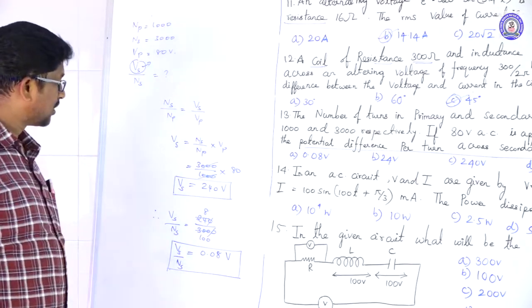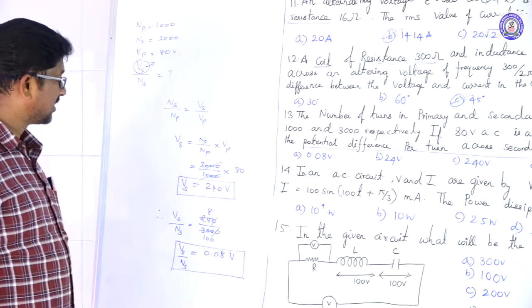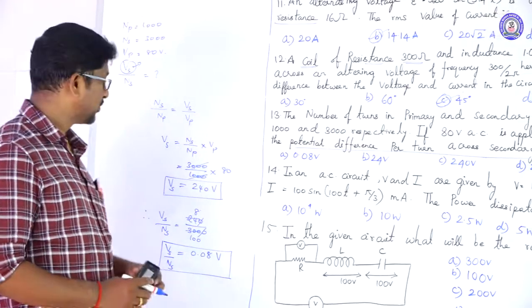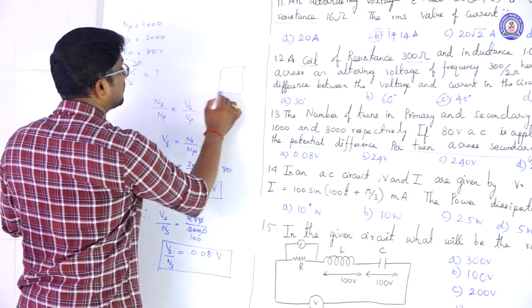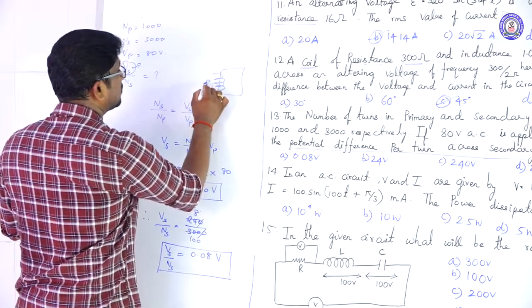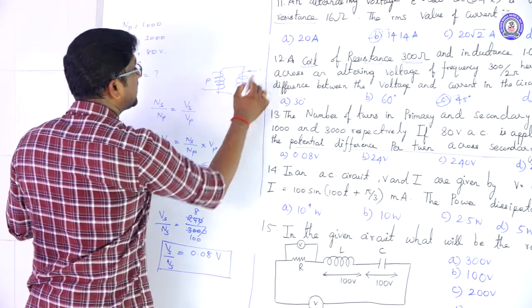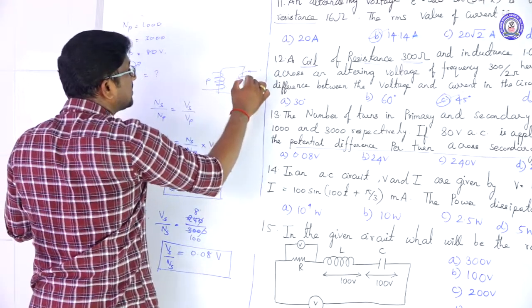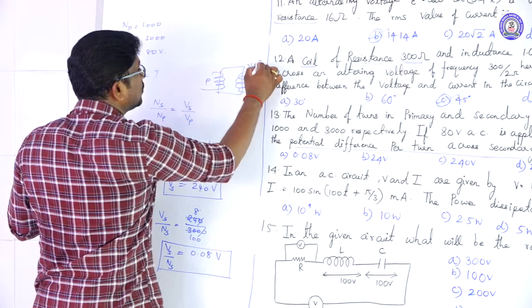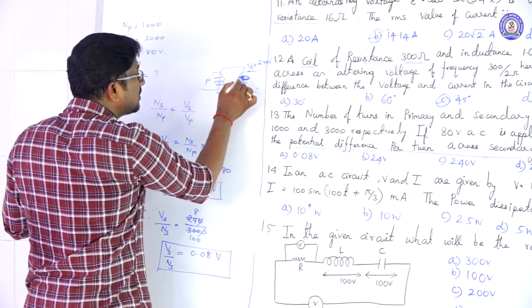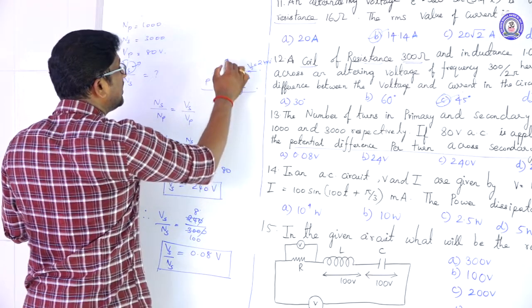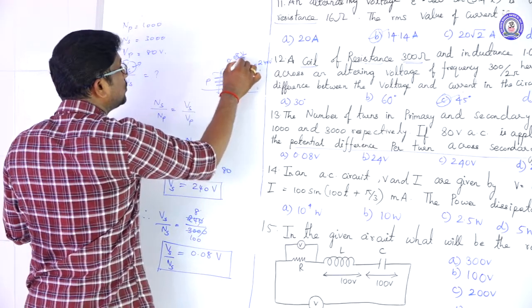So this is the voltage or potential difference per turn of the secondary coil. That value is 0.08 volt, and 240 is the total voltage in the secondary coil. This is primary and this is secondary. So the total voltage across the secondary coil Vs is 240 volt. The potential per turn of the secondary coil is just 0.08 volt.